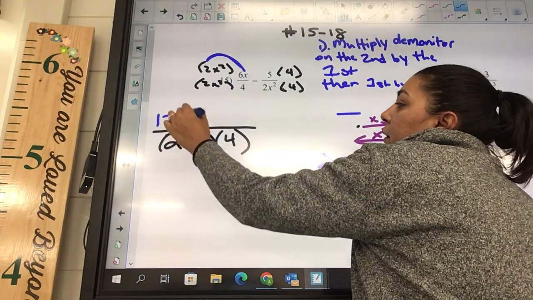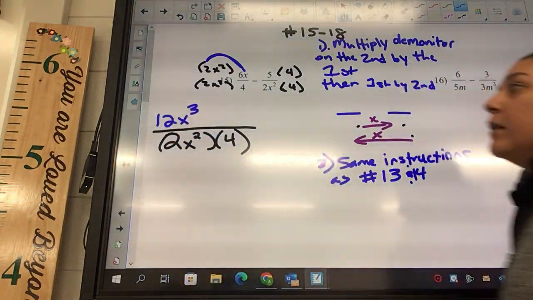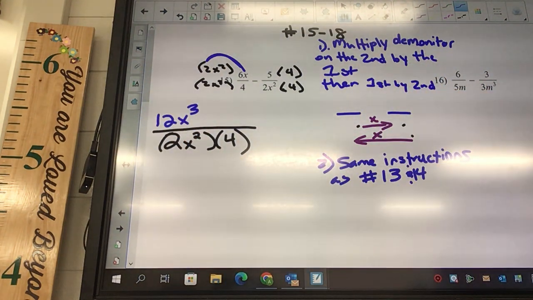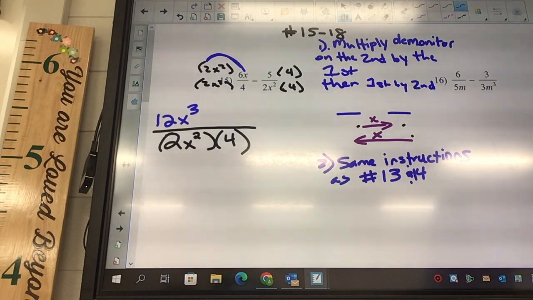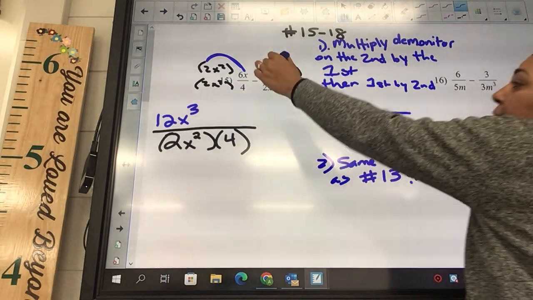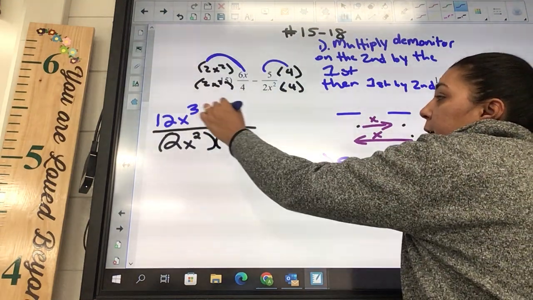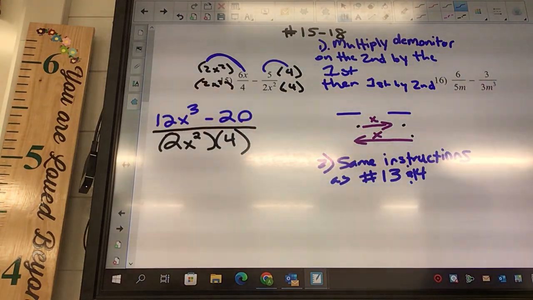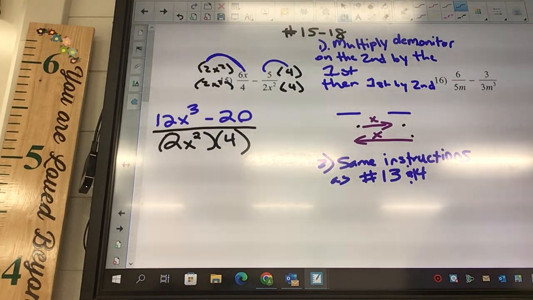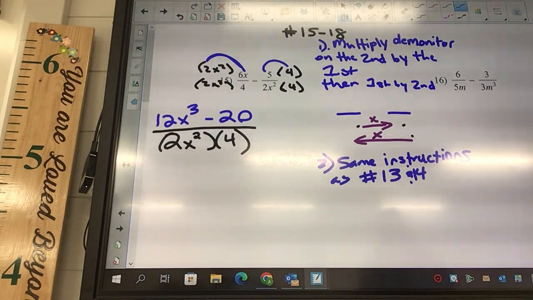So 12x squared, okay, 2, and then the 1 gives us 3. On the second guy, we're going to have negative 5 times 4. Negative 20. And then just like before, we combine like terms on the top. So what can we combine there? Nothing. So this problem is done.